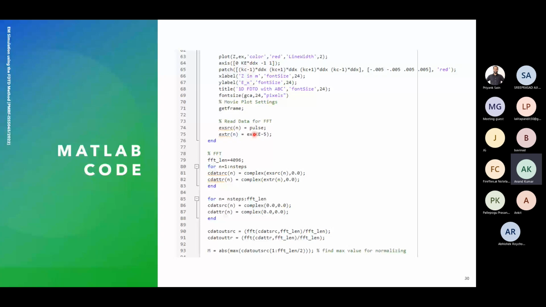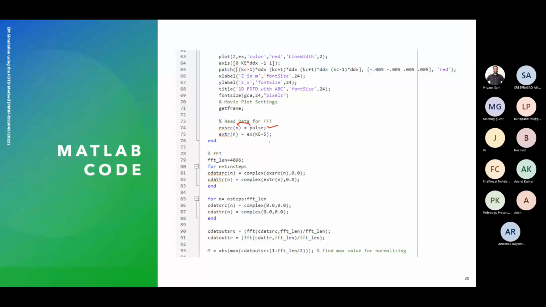For example, we want to see the pulse which we are giving to the source in frequency domain.